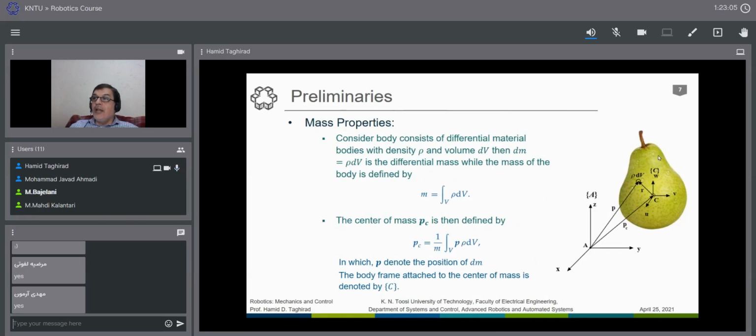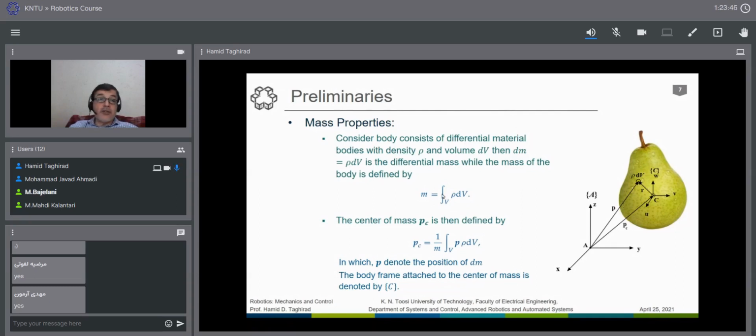If we have the density rho and the volume dV for this particular very tiny part, we have dm, the tiny mass of the system. dm is equal to rho dV, and the mass of the system is the integral of rho dV. This is exactly the same thing that we can weigh with gravity, or with a mass measuring system. Of course, you are familiar with the mass. We are just considering it piecewise.